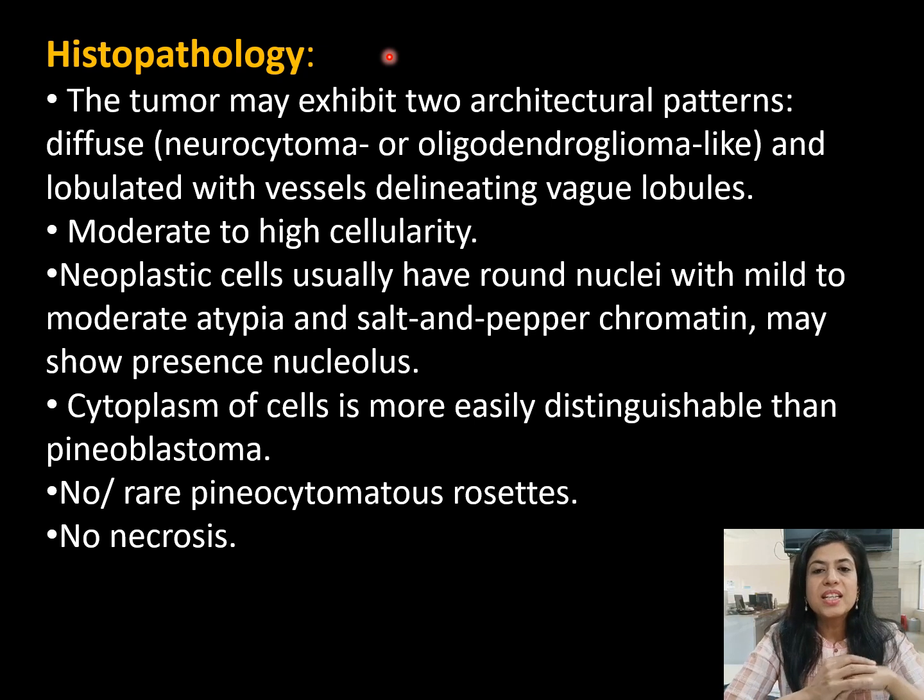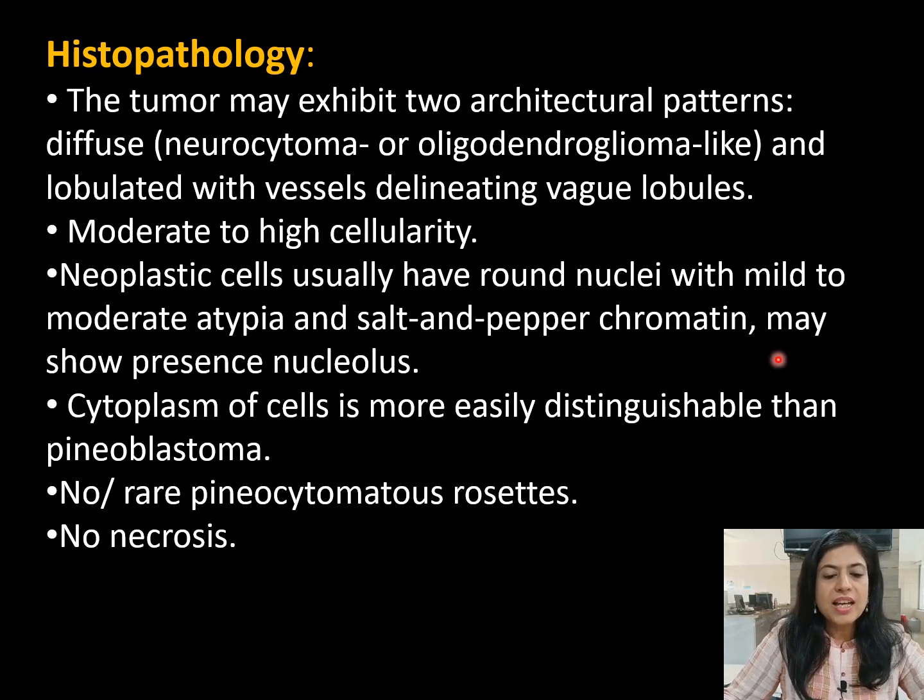The neoplastic cells are round, monomorphic with mild to moderate atypia, and the nuclei have salt and pepper chromatin or dispersed chromatin, and may even show presence of small nucleolus. The cytoplasm in PPTIDs is more conspicuous than the pineoblastomas. The pineocytomatous rosettes are rare or absent, and there is no evidence of necrosis.